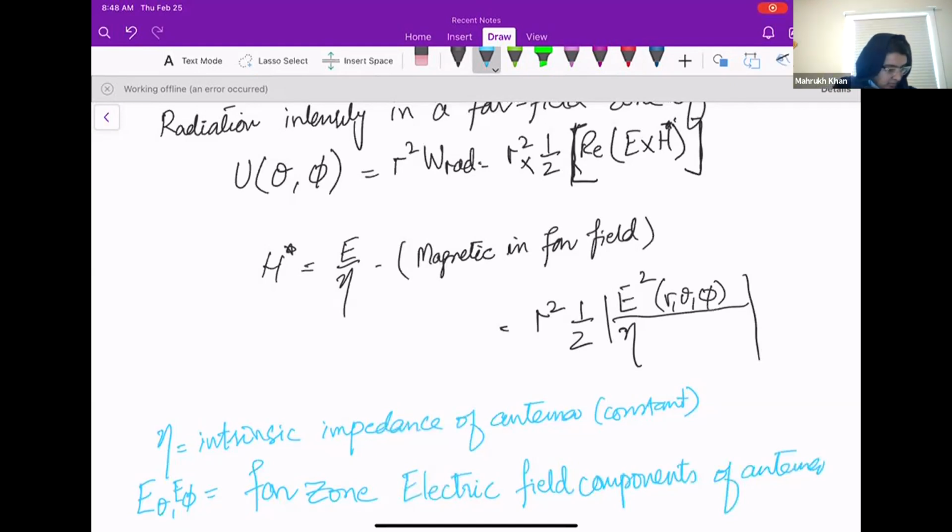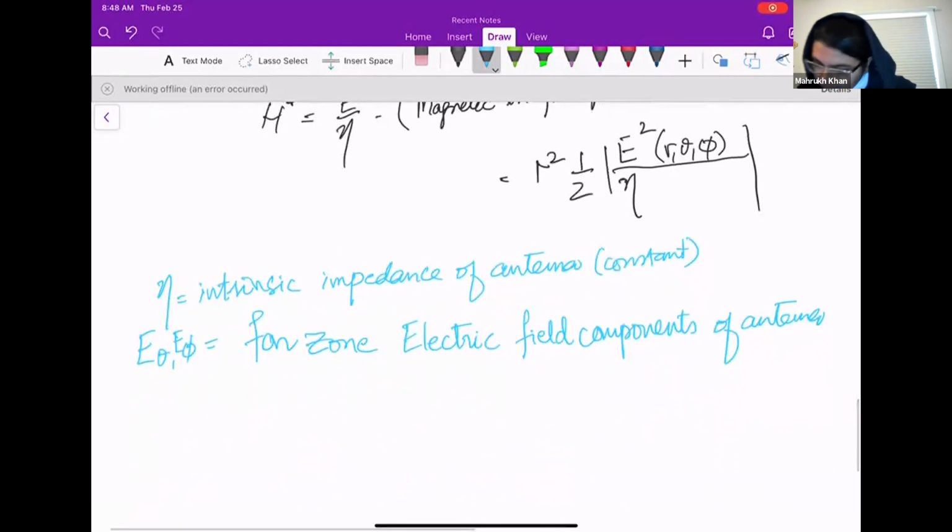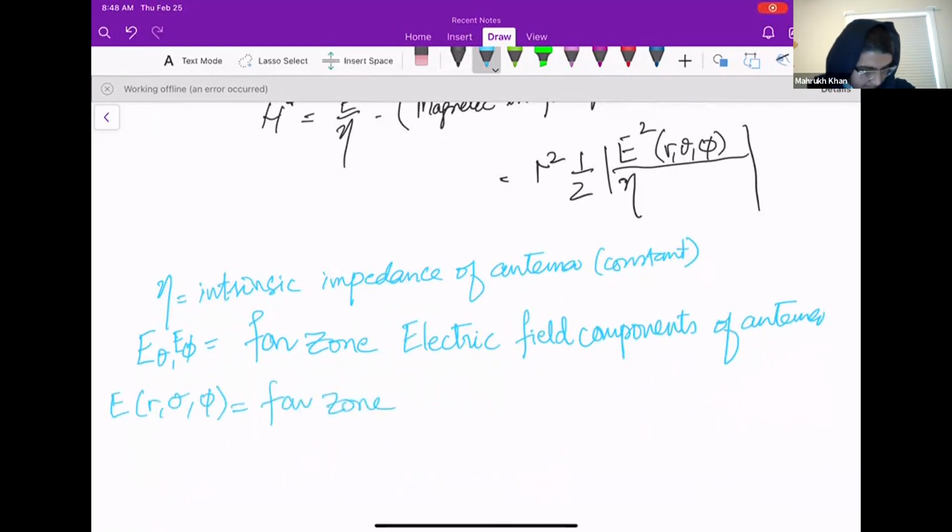And if we define E theta phi, it's far zone electric field intensity or component of antenna.